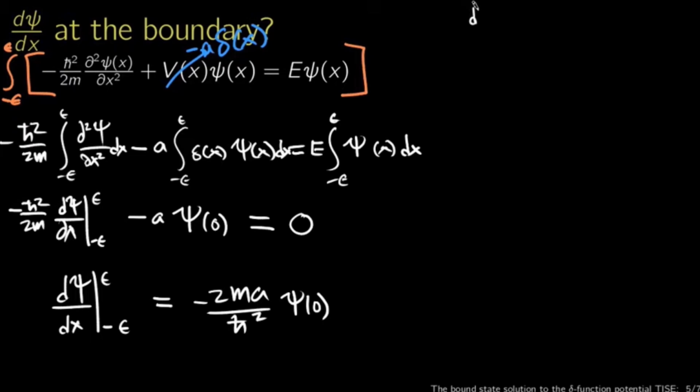So we had d psi dx, evaluating this at positive values of epsilon means I'm in region 2, I'm on the right, which means I'm working with psi 2, evaluating that at x equals 0 on the boundary, subtracting d psi 1 dx, evaluated at x equals 0. So for now I'm letting epsilon go to 0, and I'm looking at just the values of the first derivatives. This is our left-hand side over here.